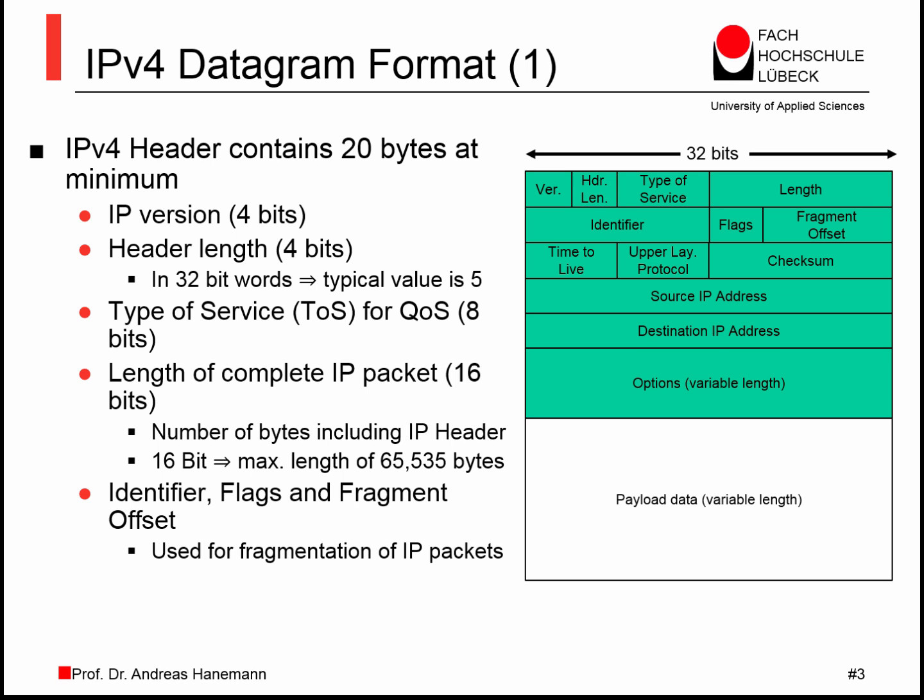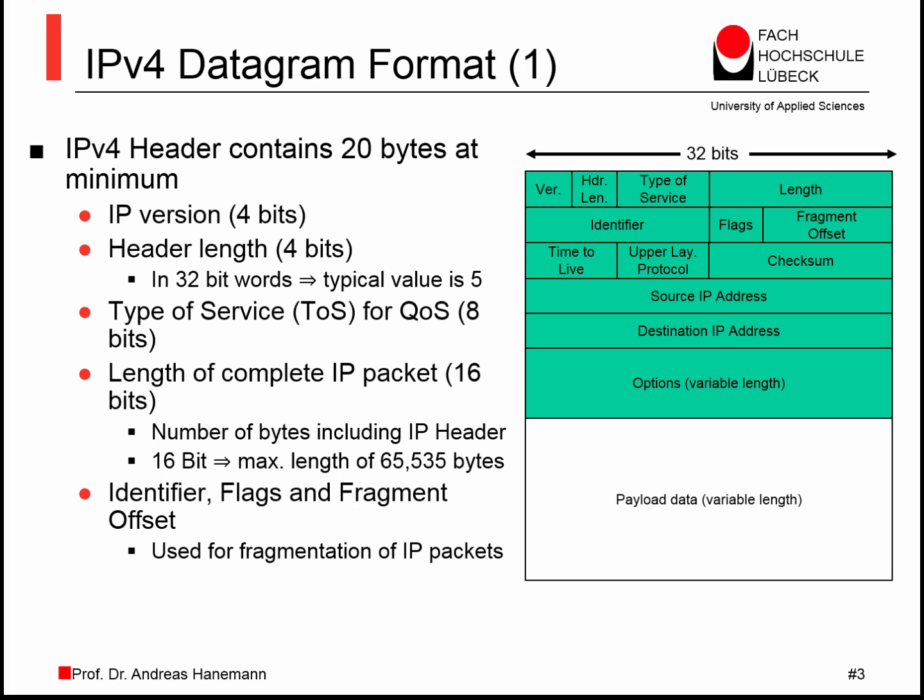Then there is the field type of service, which has been renamed later to differentiated services code point. The idea is that different types of traffic can be indicated here so that they can be treated differently on the routers as explained on the previous slide. At the end of the first row, we find another length field which shows the length of the complete IP packet.